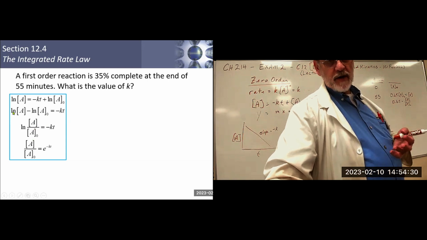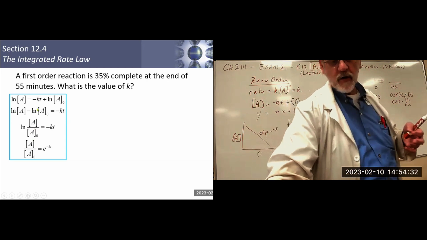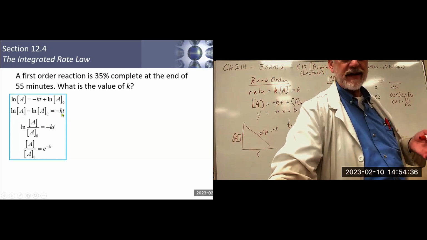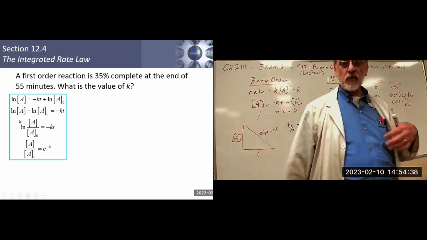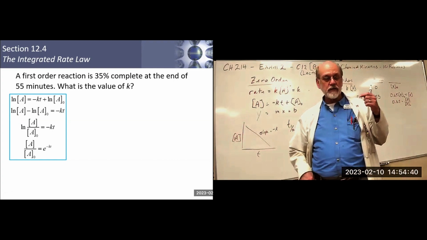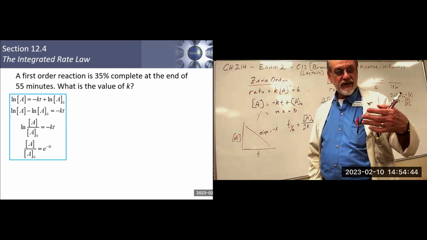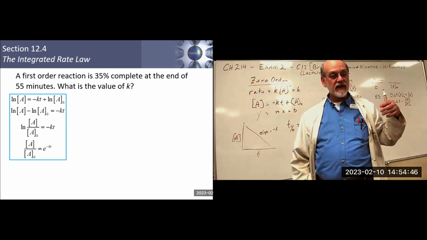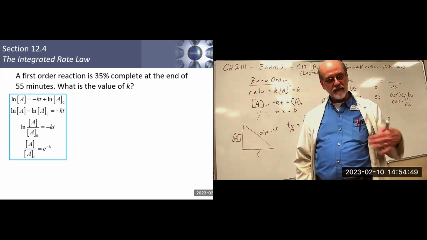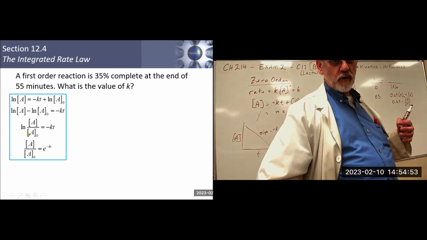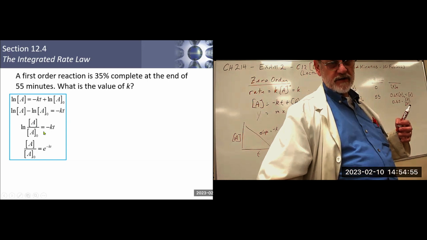Now at this point we've come from rearranging the equation. Now we've got log A minus log A0 equals minus KT. But remember, the rules of logarithms are if you take log of A and subtract log of B, then that's the same thing as log of A divided by B. So that's what we've done here. We've used that rule from the logarithms to say this expression is the same as that expression.